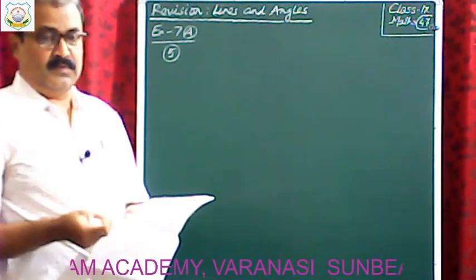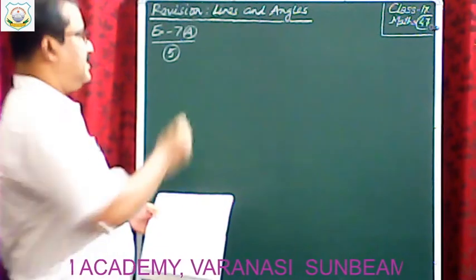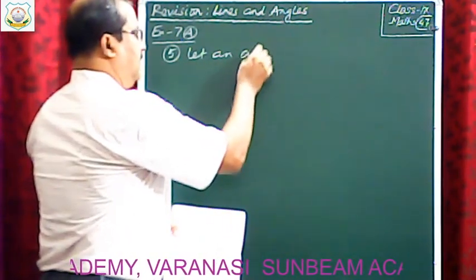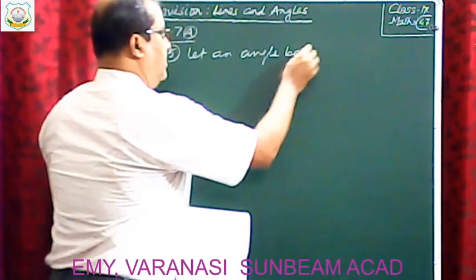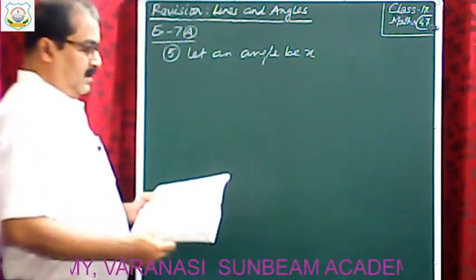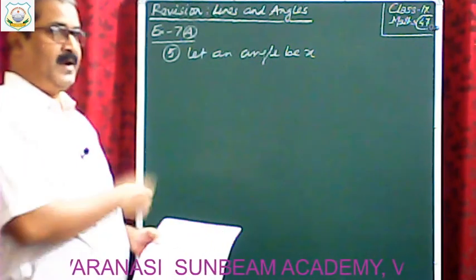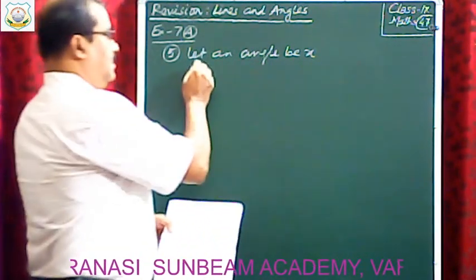So first of all, you have to suppose the angle to be x. Let the angle be x. The comparison is given between the angle and its complement, so you have to find its complement.